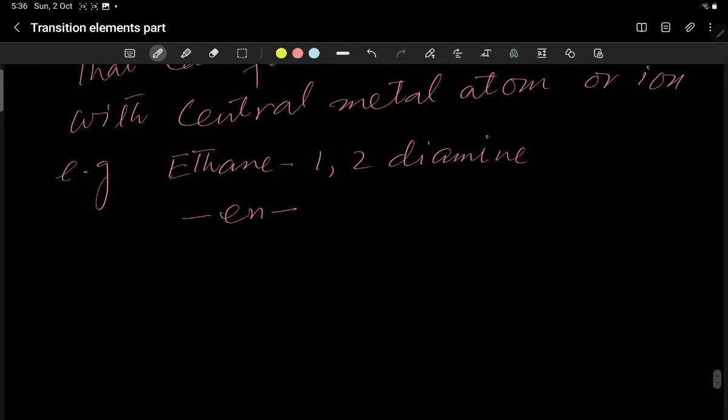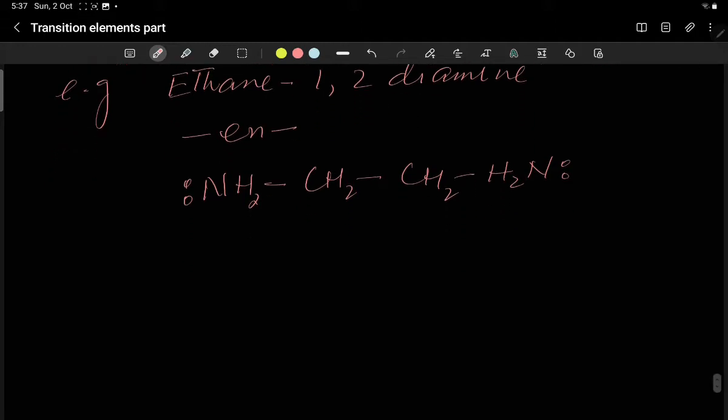The formula is NH2CH2CH2NH2. There are two lone pairs on these amine groups, so it forms two dative bonds with the central metal atom.